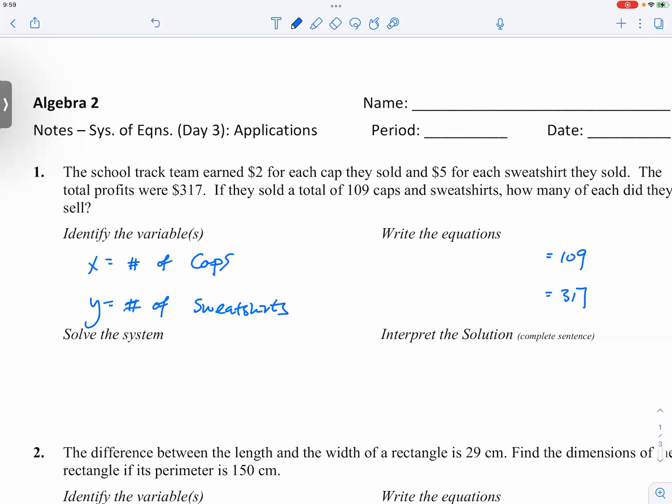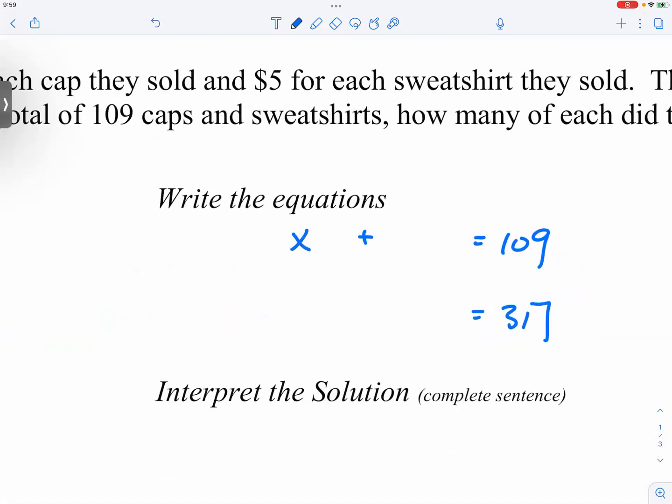What is equal to 109? X plus Y. It's very simple. The number of caps plus the number of sweatshirts should equal 109. That's what the question says, and we're going to translate it to a math equation.